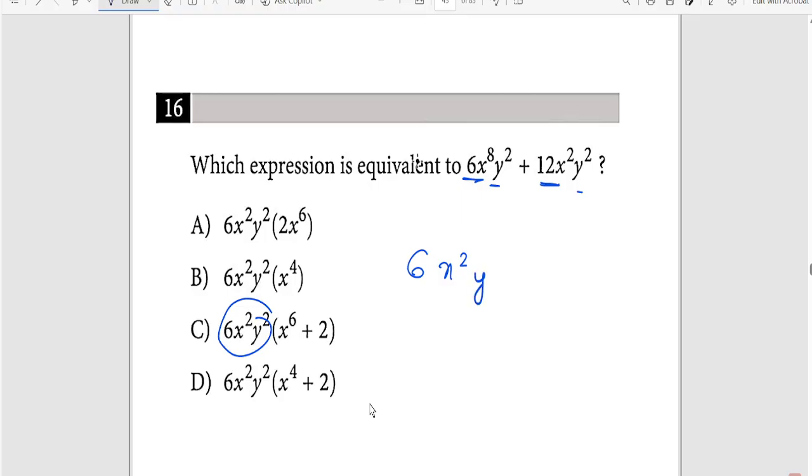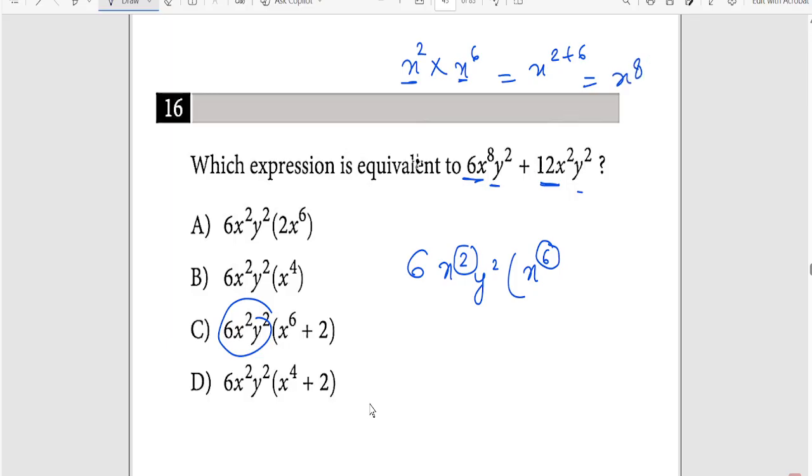y2, so I can take y2 common. Now here I took x2 common, so x to the power 6 is going to be there, right? Because 6 plus 2 is 8, right? That's the rule for multiplying two exponents. If the base is the same, like x, we add their powers, 2 plus 6, which will give you 8.